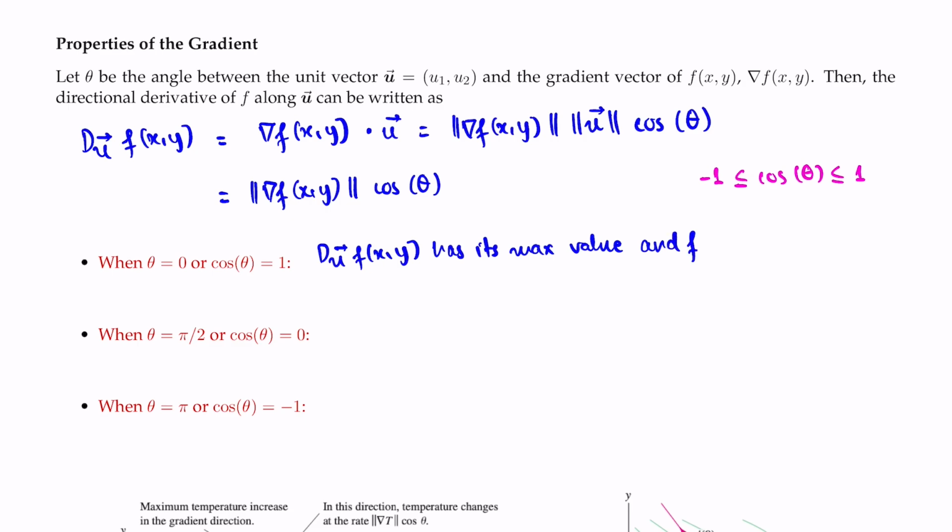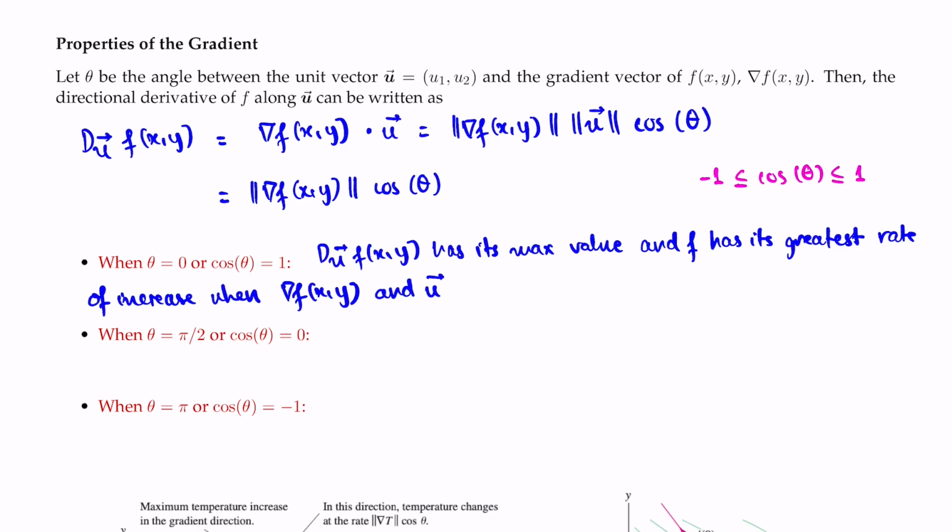and f has its greatest rate of increase when the gradient vector and u point in the same directions.